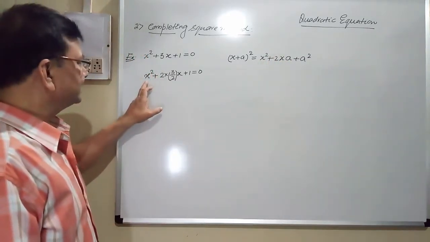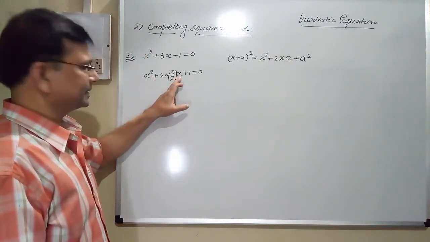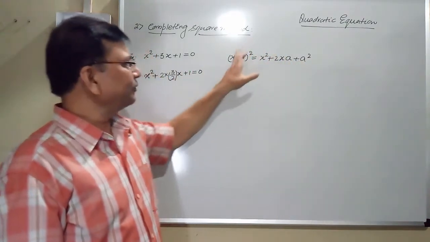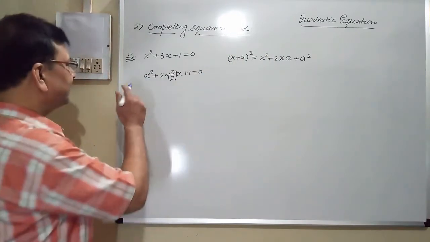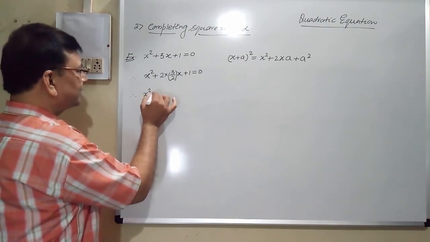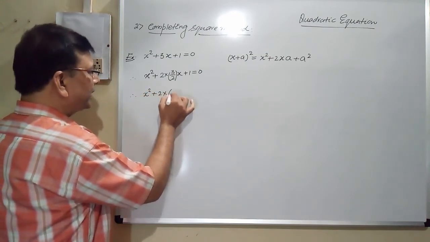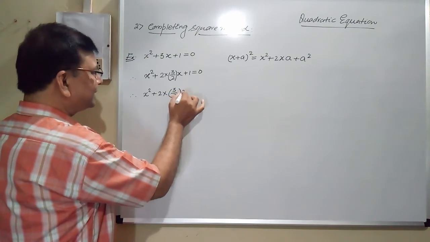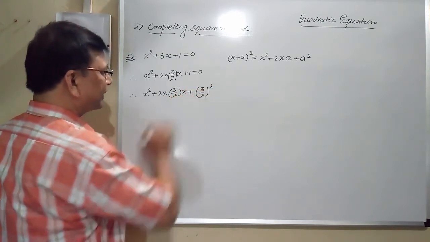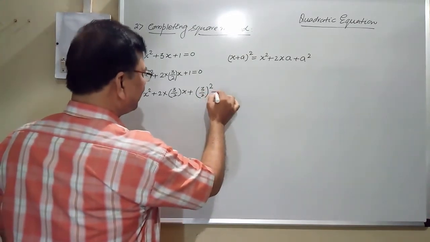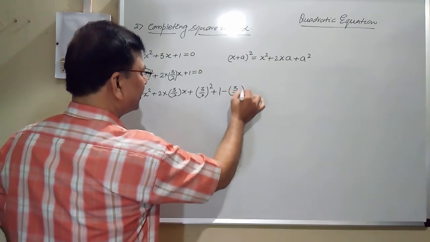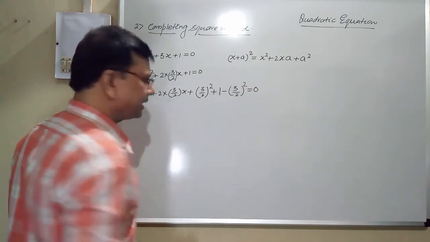So x square plus 2ax, if you are adding a square in this, then it will become a perfect square. So this can further be written as x square plus 2 into 3 by 2x plus, if I add 3 by 2 whole square, plus 1 minus 3 by 2 whole square is equal to 0.